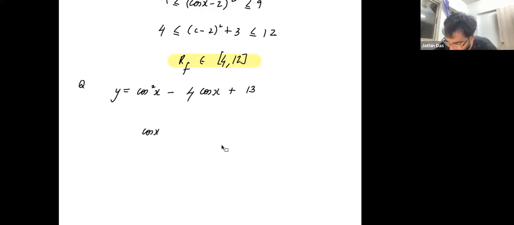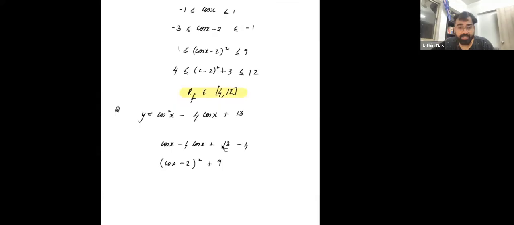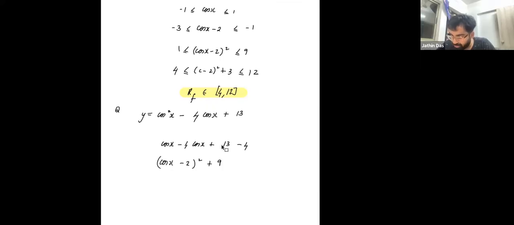Okay, so can I write it as cos x minus 2 whole square plus 9? Plus 9 came, right? Minus 2. Okay. Cos x minus 2 whole square plus 9.